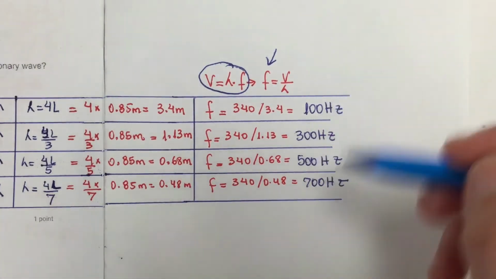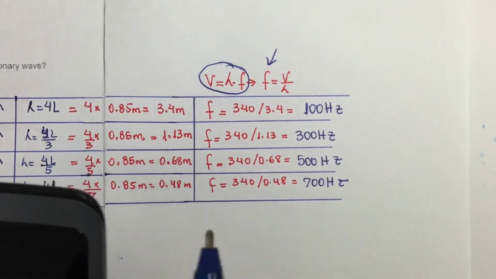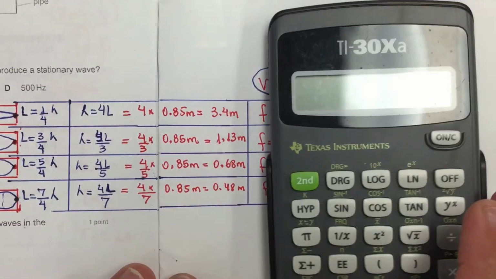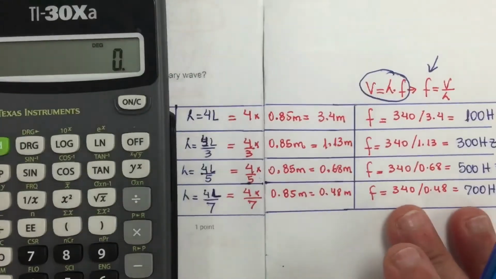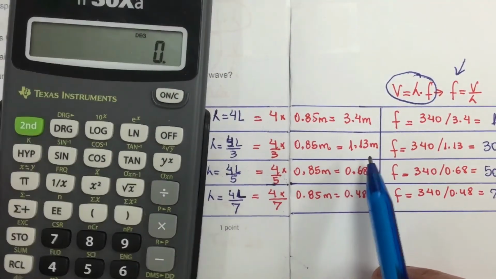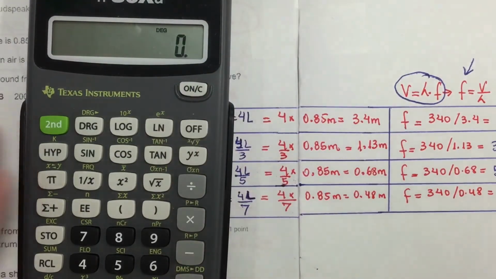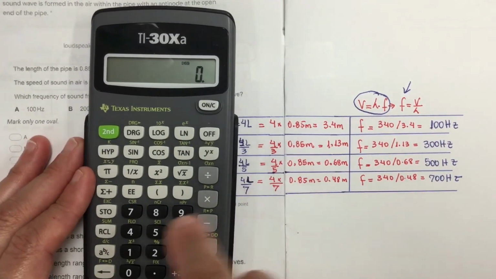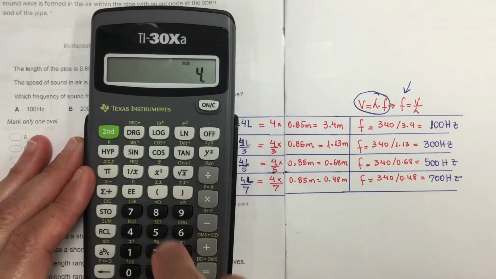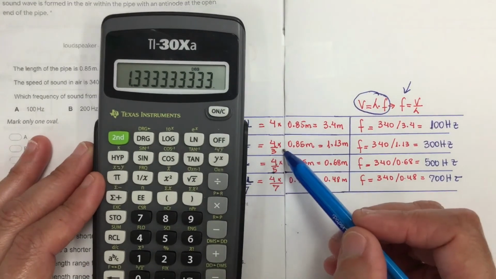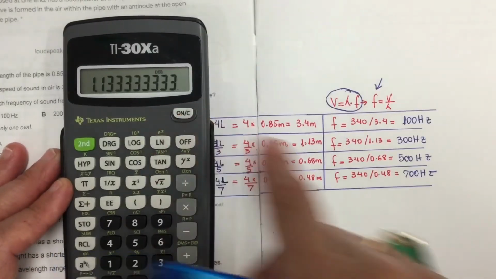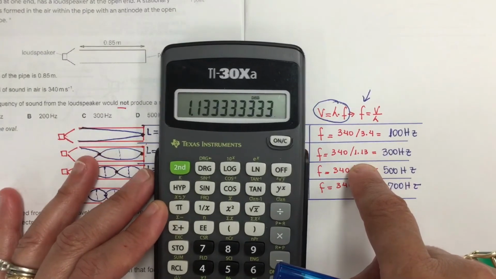To have a whole number like I'm having here, you have to go back to the problem. For example, in this case we have decimals, right? So go back here, and what you are going to do is 4 divided by 3, 4/3 times 0.85, which is this, all the decimals, and use right here.